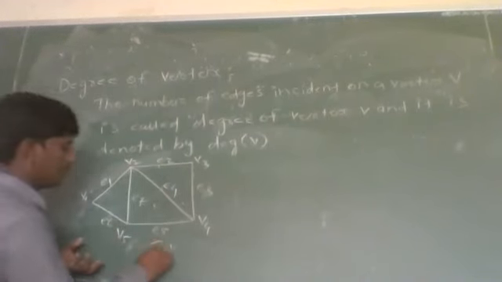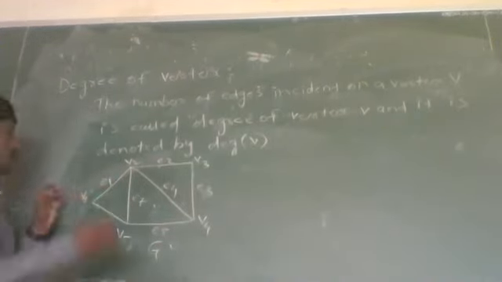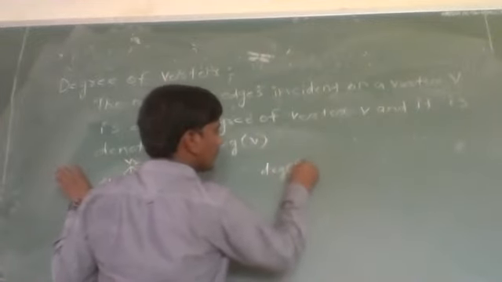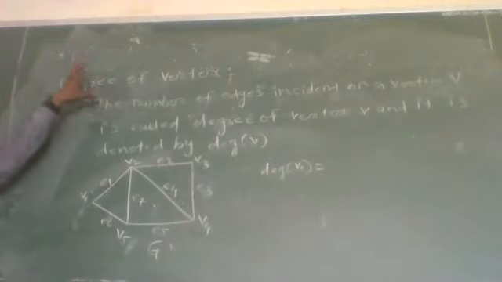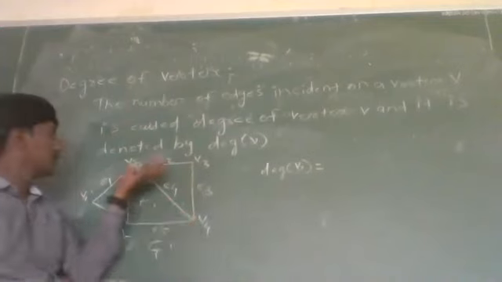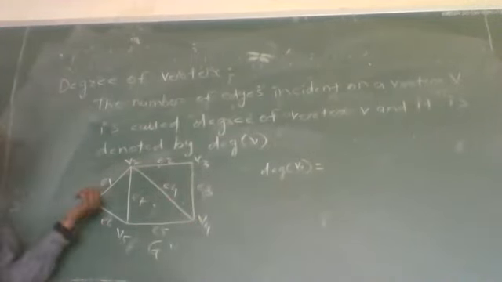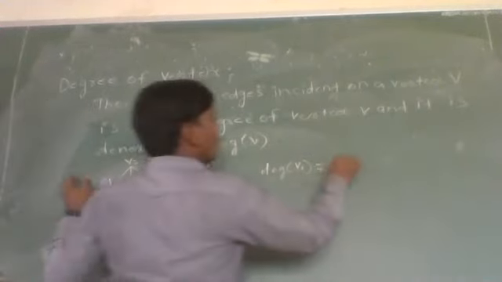this is a graph G. Now we have to find out the degree of each vertex. The degree of a vertex is nothing but the number of edges incident on that particular vertex. So here there are two edges incident on vertex V1. Therefore, the degree of vertex V1 is 2.